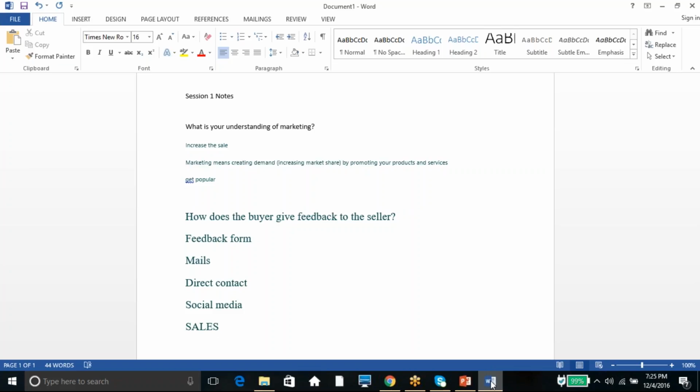As far as the seller is concerned, the only feedback that the seller is interested in is sales. Whether it brings in repeat sales, whether it brings in more references, and finally, if the sales is growing, obviously the feedback is good, or it's a monopoly product and there is no competition. And if the sales is dropping, then people are not interested.